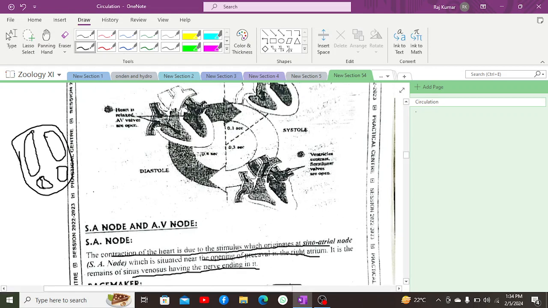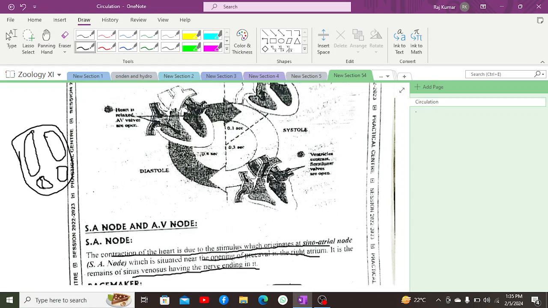The reason behind it is that it receives the supply of the entire body, so it needs to be bigger. Apart from which, the left ventricle is the largest, thickest chamber, but it has a smaller cavity as compared to the right ventricle.